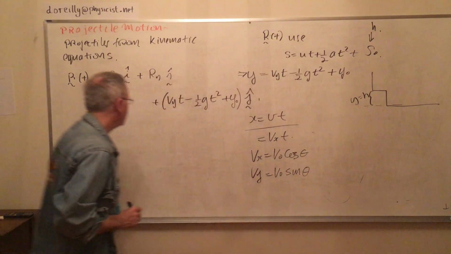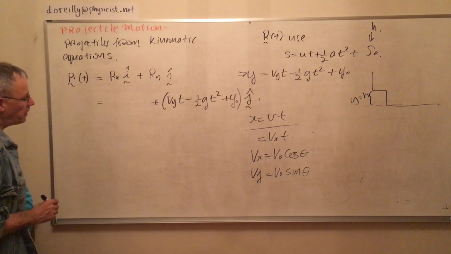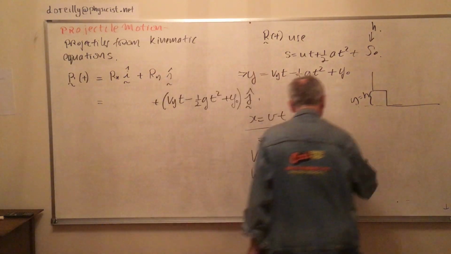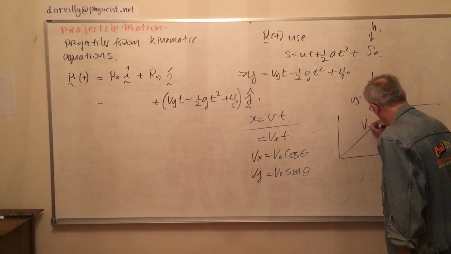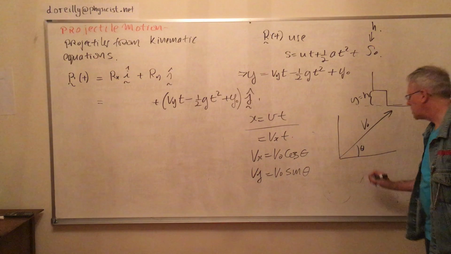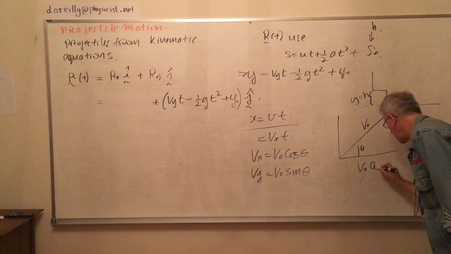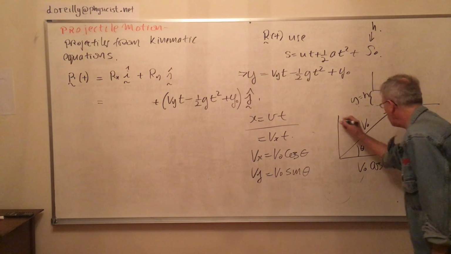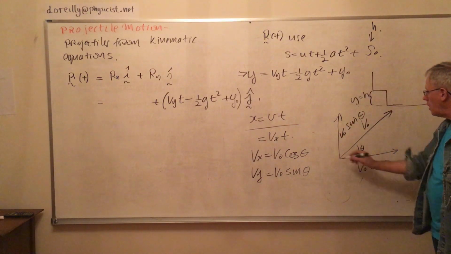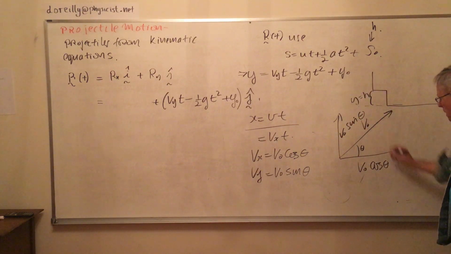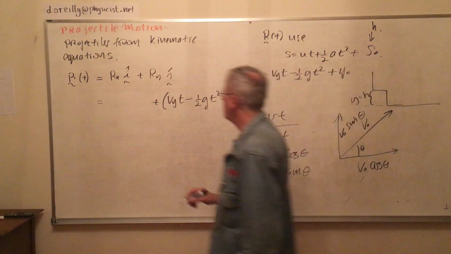Now what are the V's, the Vx's and the Vy's? Well, the Vx's and the Vy's works like this. That's V0, this is V0 cos theta, and this is V0 sine theta, the components of speed in the x and the y directions. So we put in those.